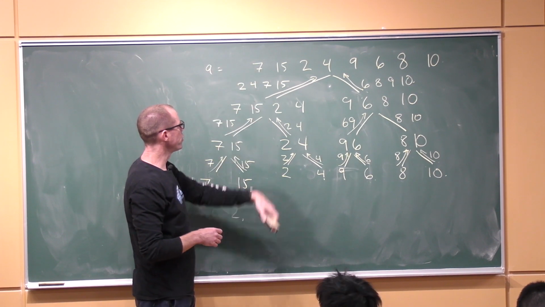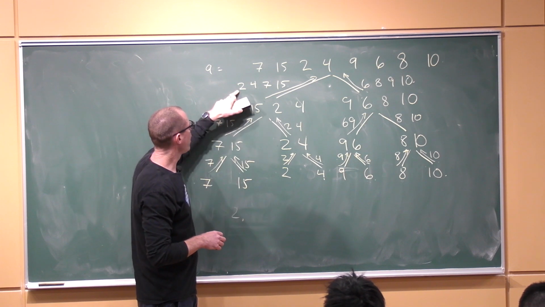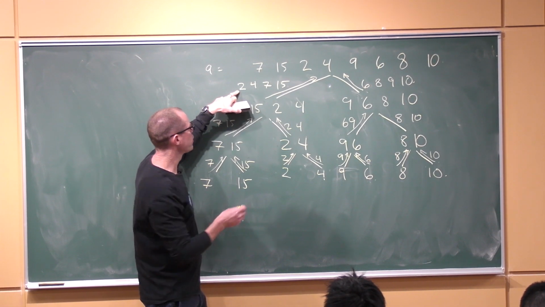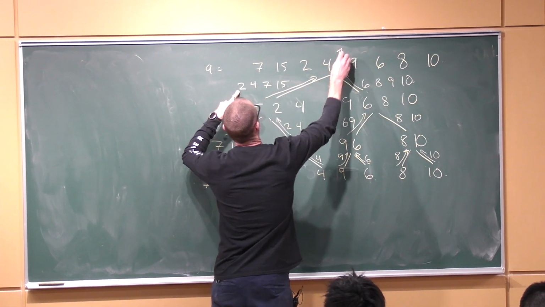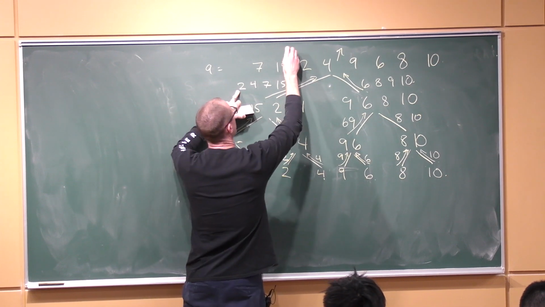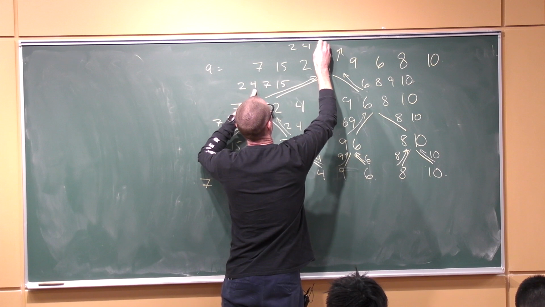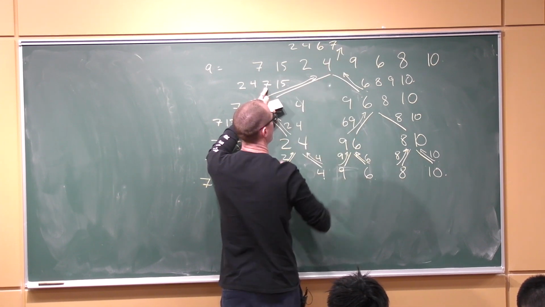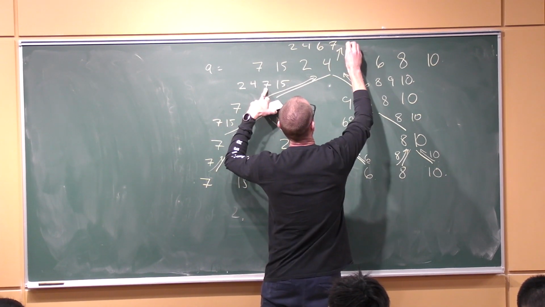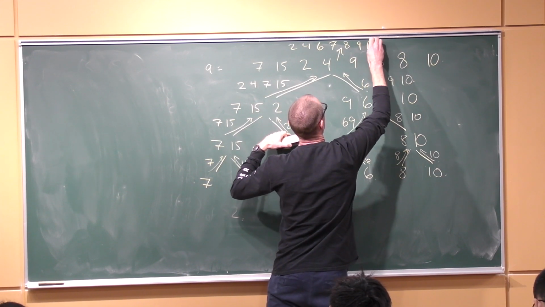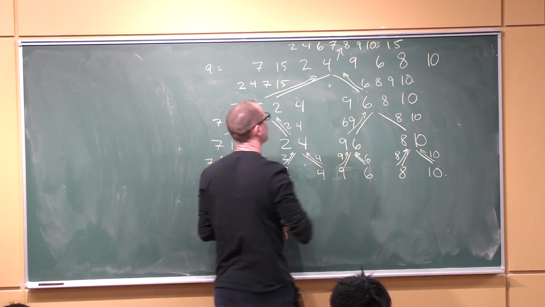Now we just need to merge the two, and we're done. And now it's actually, I myself have to think about how the merge works. So it's going to be 2, 4, then 6, then 7, then 8, 9, 10, and then finally 15.